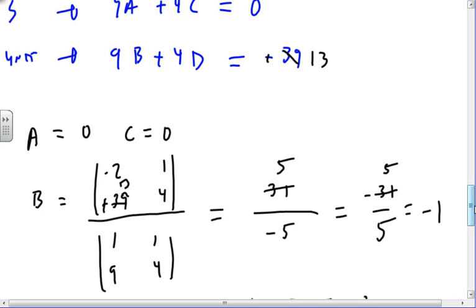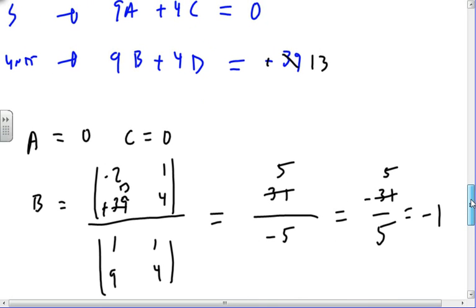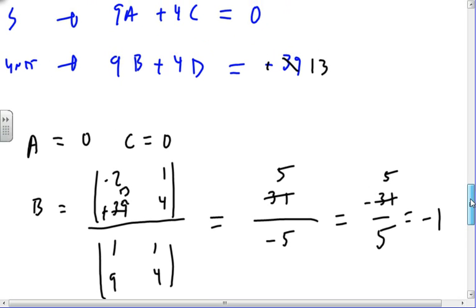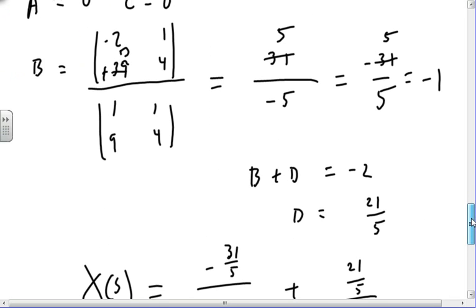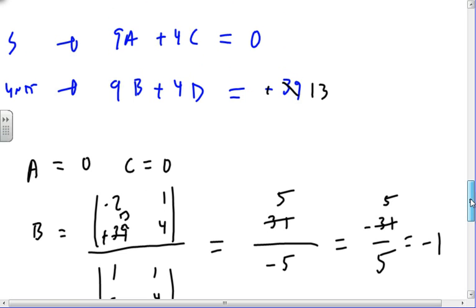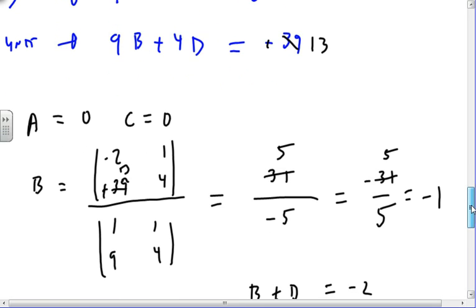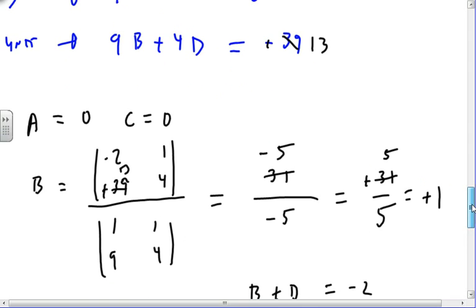And if B is a minus 1, then D is a -1. You're right. But that can't be. This is -13, which makes this positive, which makes D 1.